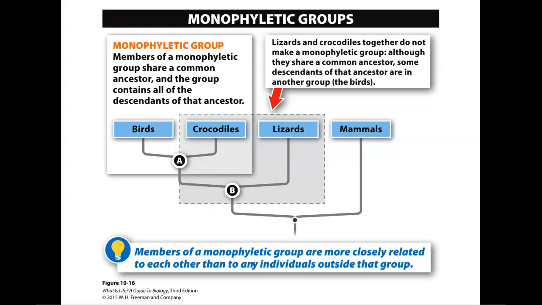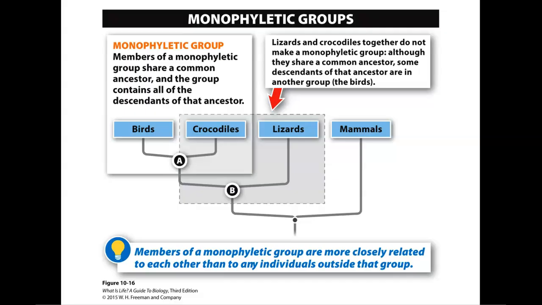For example, looking here, birds and crocodiles taken together compose a monophyletic group because they share a more recent common ancestor, which you can see designated by node A, than either group shares with lizards or mammals. Lizards and crocodiles taken together do not compose a monophyletic group because their common ancestor at node B is also going to be shared with the birds.